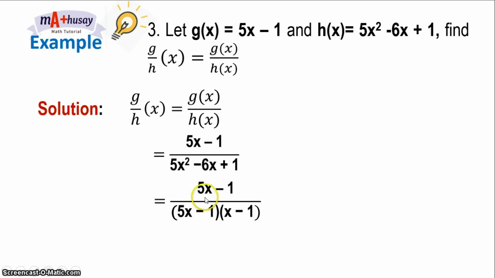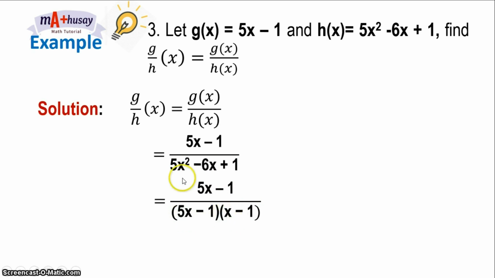So, if we factor it out, we have sa numerator as is kasi hindi na natin yan pwedeng i-factor out. So, that's still 5x minus 1. Sa denominator, ang factor ng 5x squared minus 6x plus 1 ay the quantity of 5x minus 1 times x minus 1.